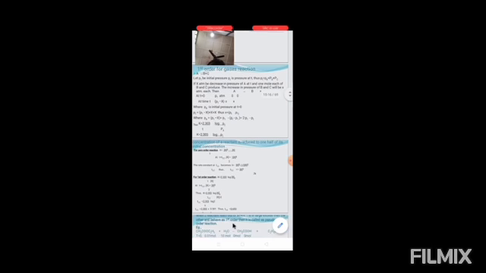So t half equal to 2.303 by K log 2. Substituting the value of log 2, 0.301, and multiplying these two numbers, you will get t half equal to 0.693 divided by K. This is the value of t half.